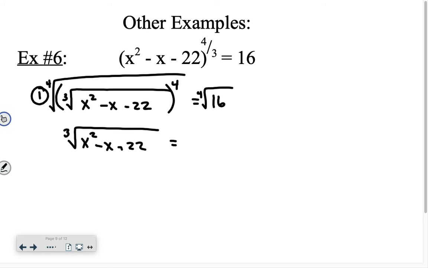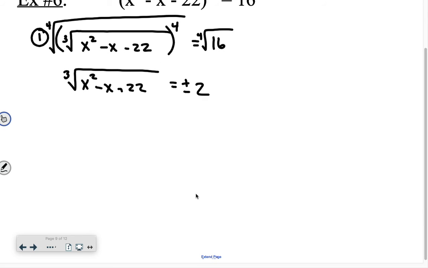And since I took an even root in an equation when I'm solving, what do I need? Plus or minus. Just like when we take the square root in both sides, anytime you take an even root, you have to have a positive or a negative. Okay? Plus or minus.